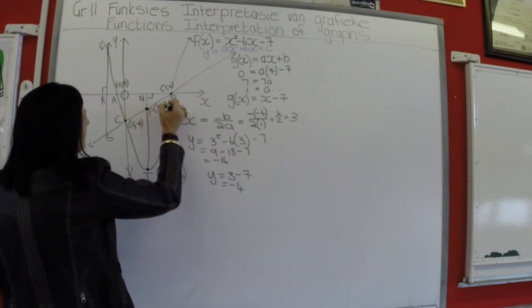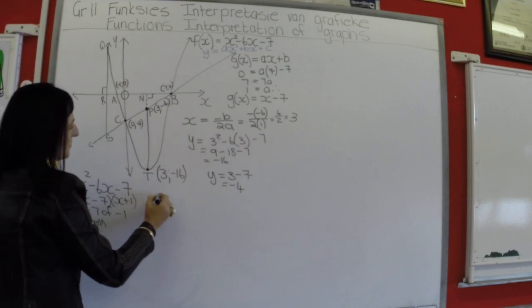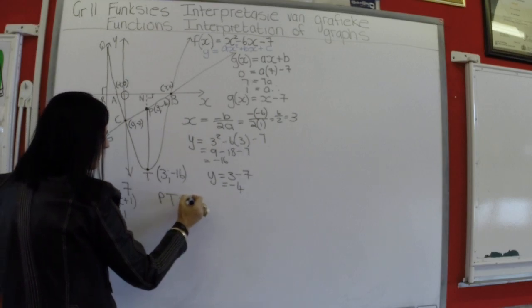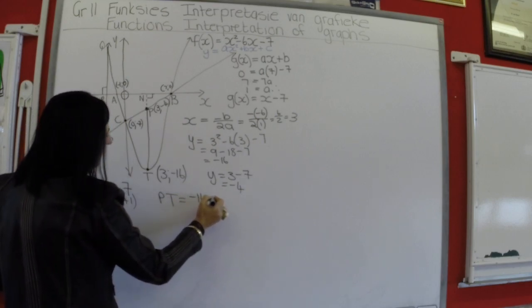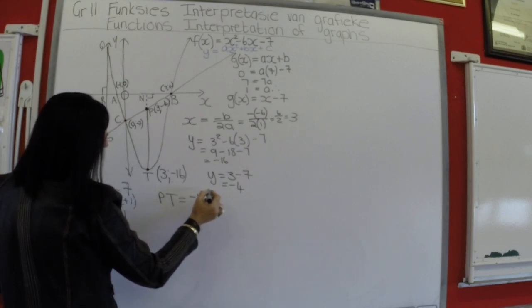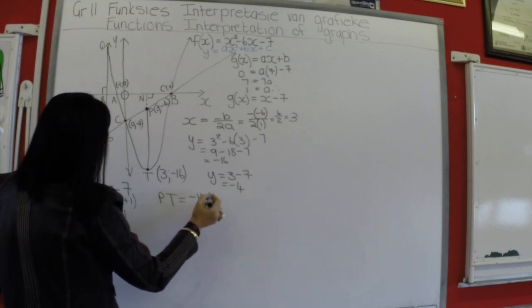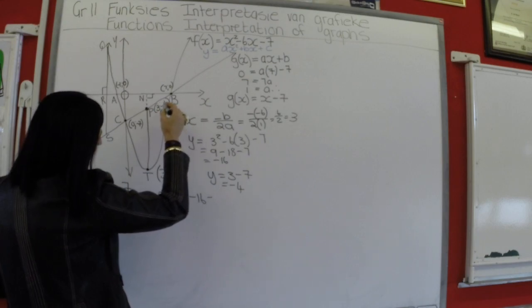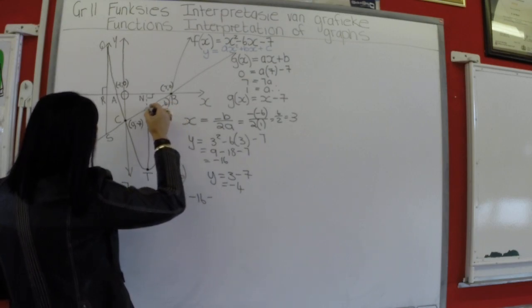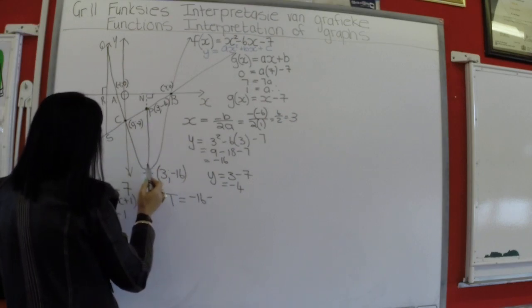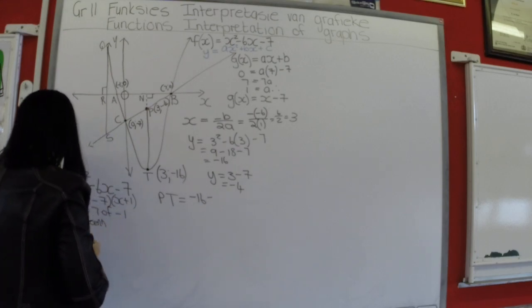So that's minus 4. So the distance PT will be minus 16 minus... Okay, we've got the smaller. If you move from minus 4 up to minus 16, it's going to be 12 units.